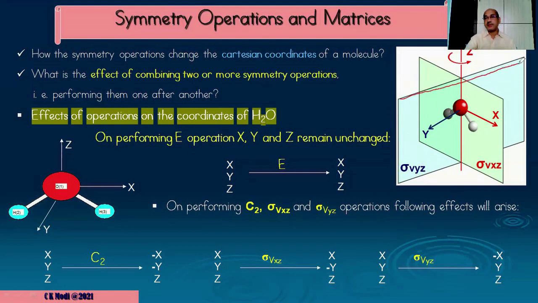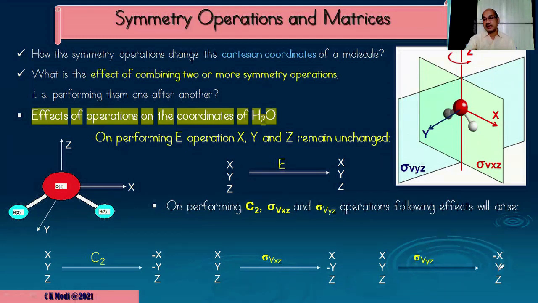In the same way, if I put the sigma v yz plane, this is the sigma v yz plane. What is the position of the Cartesian coordinates x, y, and z after performing this operation? The y and z Cartesian coordinates are situated in the plane.